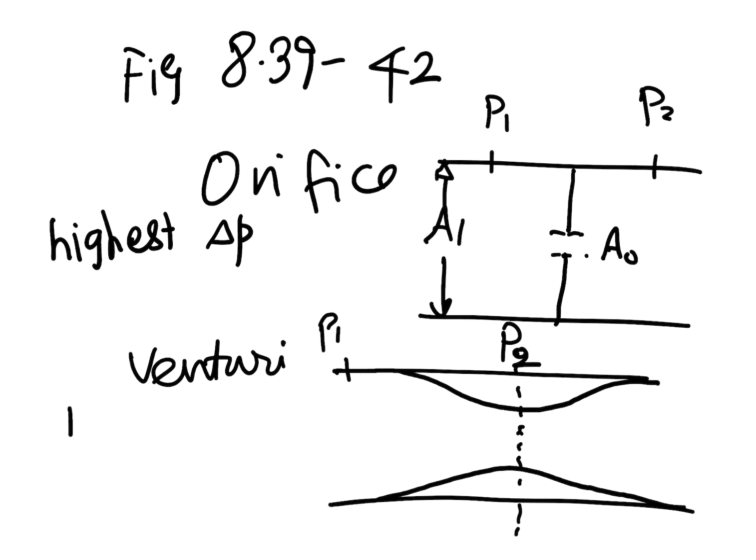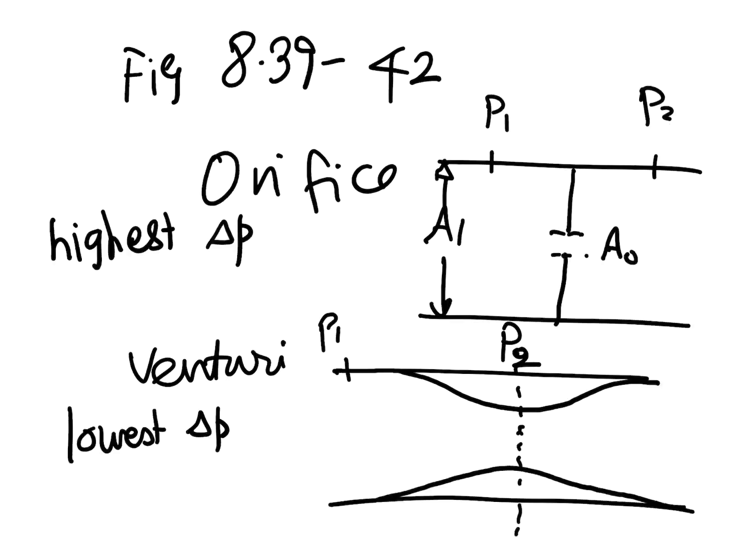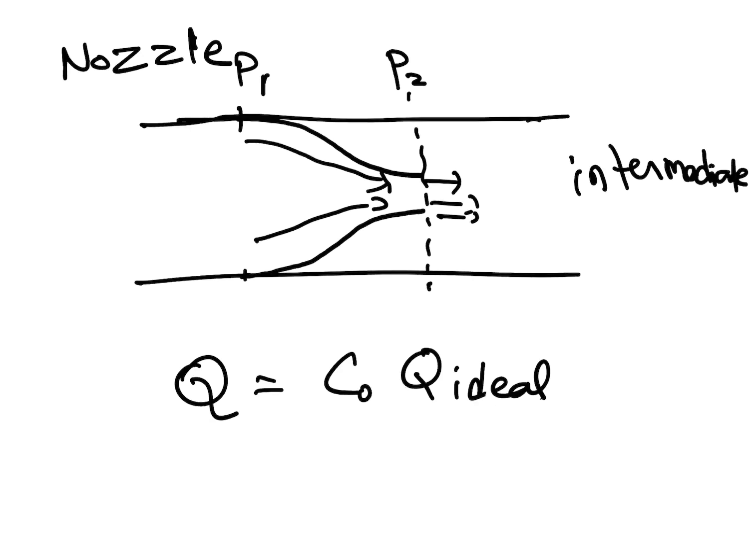The venturi gives you the lowest pressure loss, and the nozzle is somewhere intermediate. In terms of ease of construction, the orifice is very simple. It's just putting a plate in a pipeline and drilling a hole through. Venturi looks much more complicated. You have to do complex machining, which means more cost, but it also comes with lower pressure drops or lower losses, and nozzle is again intermediate.